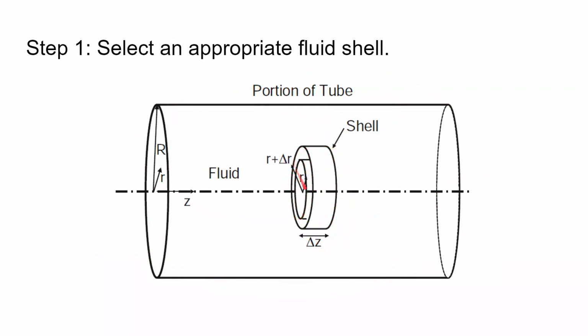We have the change in delta R and the change in delta Z right over here, because one, we have fluid flowing in the Z direction this way. And then we also have our Z momentum traveling in the R direction through molecular transport. So it's important to define our shell correctly here. Great, and we'll go over this as we go along the many steps.